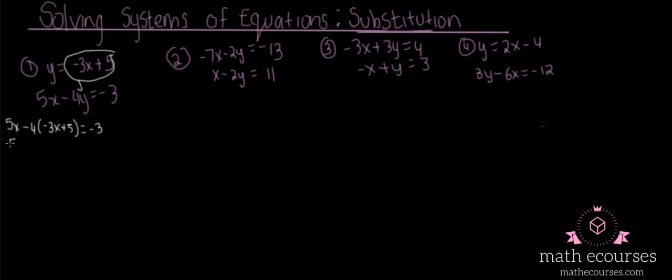So now I just need to solve this. So distribute. Negative 4 times negative 3 is a positive 12x. Negative 4 times 5 is negative 20. Okay, combine these like terms. 5 plus 12 is 17.